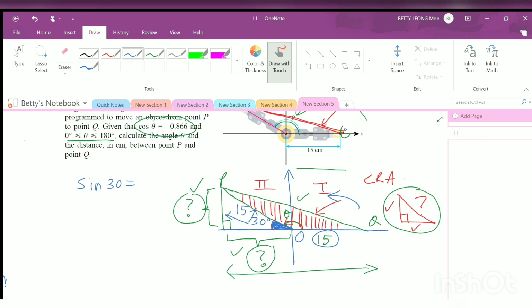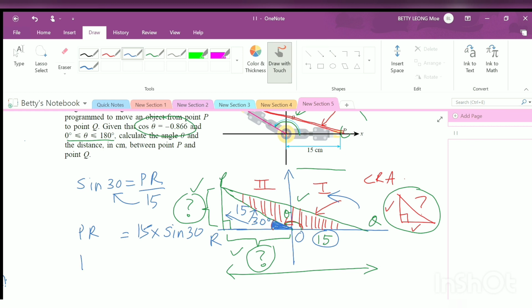If you don't know what this is, let's say this is R. It is PR over 15. So your PR equals 15 times sin 30.